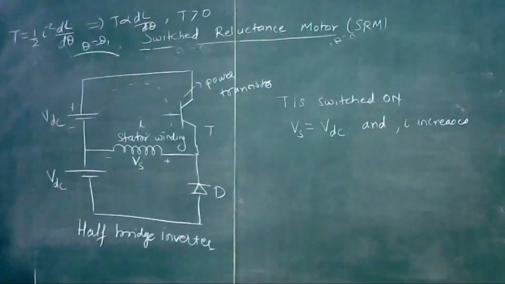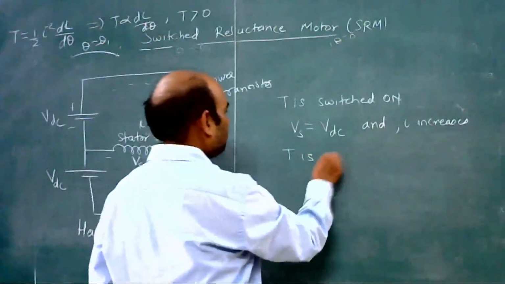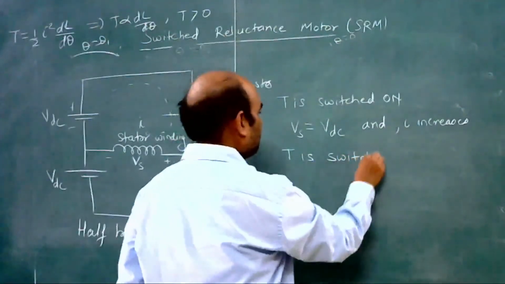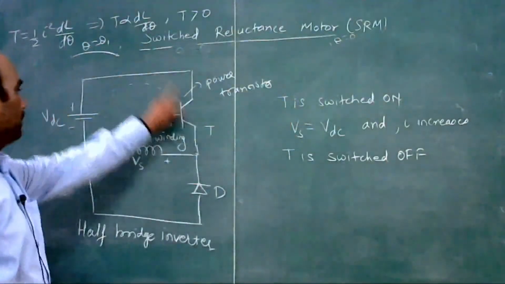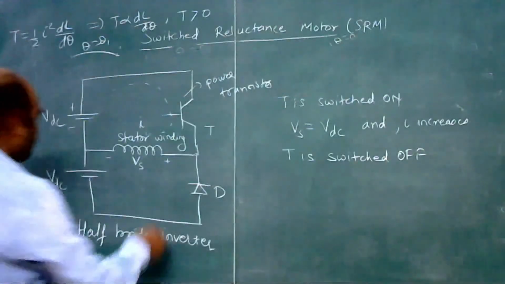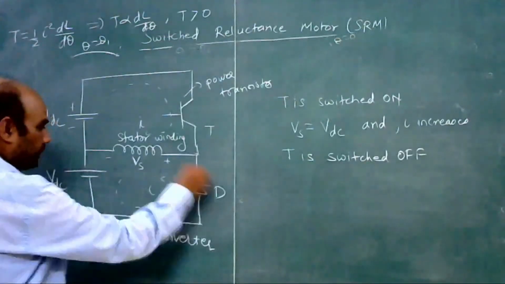Now when T is switched off, the current will freewheel through this diode.